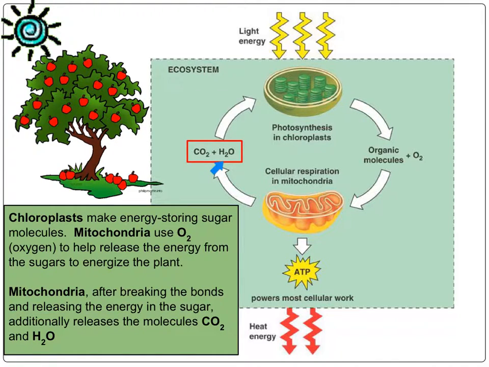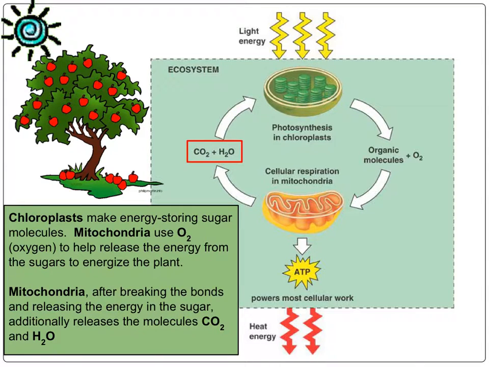And that carbon dioxide and water is actually crucial to allow photosynthesis to happen. So not only are chloroplasts making something for mitochondria, mitochondria then make something right here. They make something that the chloroplasts need.